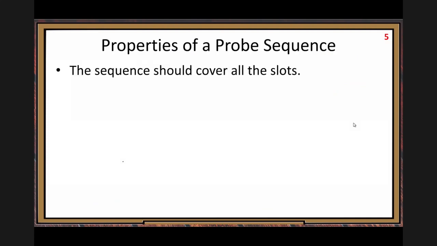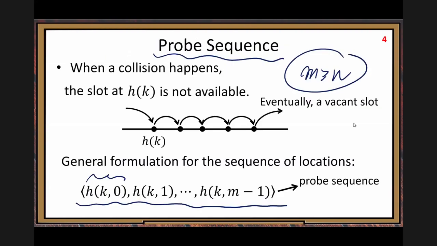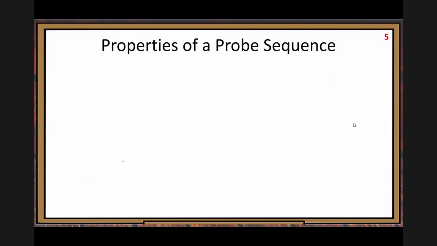Properties of a probe sequence. Because you can define your probe sequence in many different ways, in the previous slide we haven't defined it. Here, we can write many different definitions. But when we write a definition, we should follow these properties.